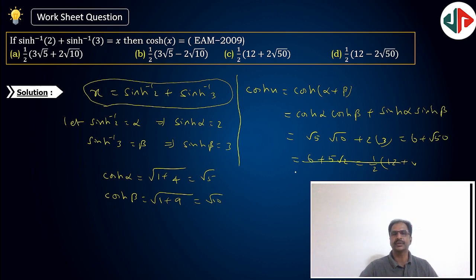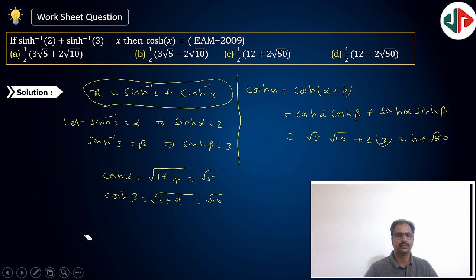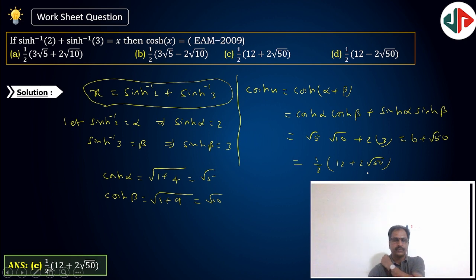That 6 plus root 50 is nothing but option C. You can multiply and divide with half into 12 plus 2 root 50. So option C is the correct answer. So take sinh inverse 2 as alpha and sinh inverse 3 as beta, and then proceed.